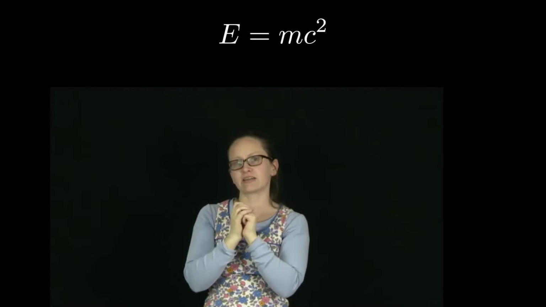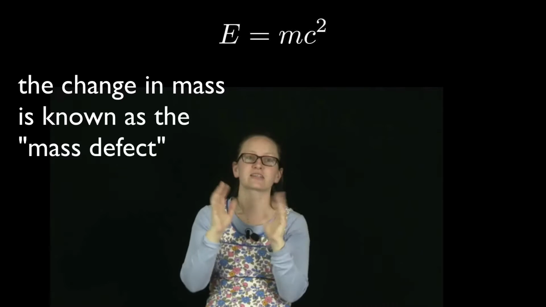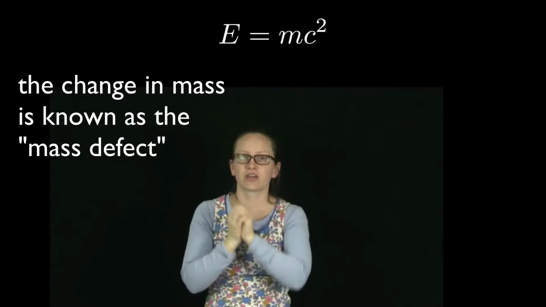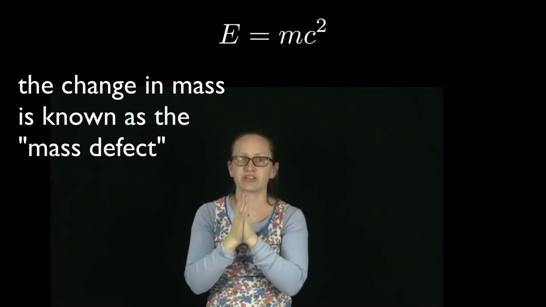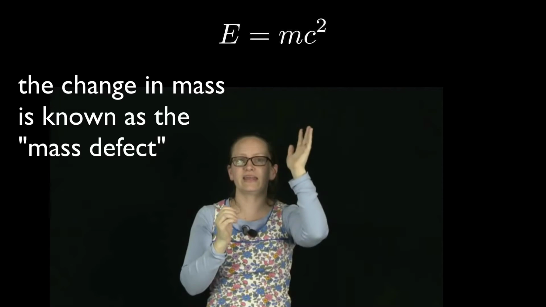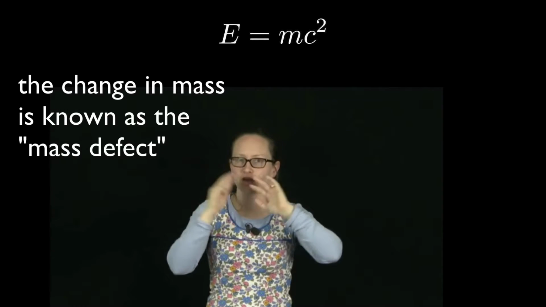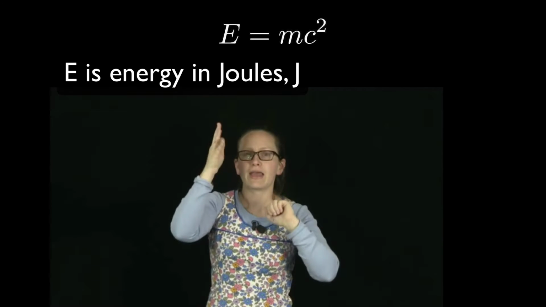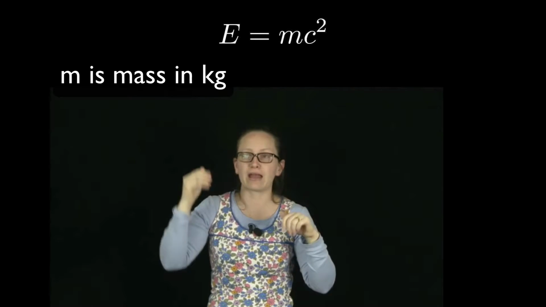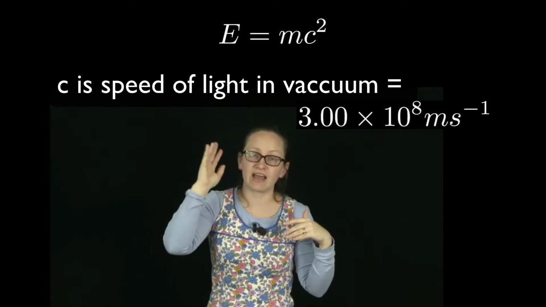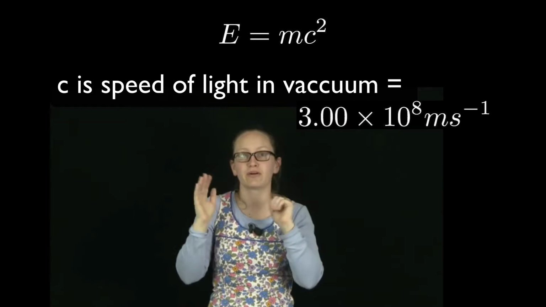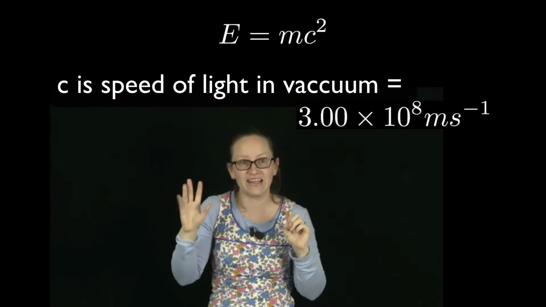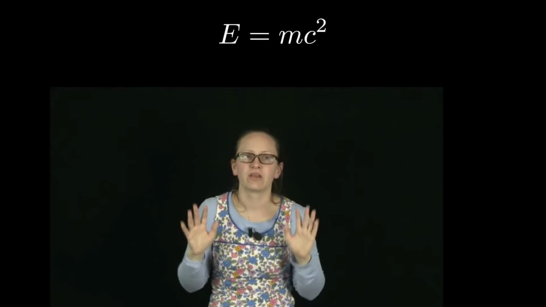And when they release energy, there's actually a change in mass associated with this as well. So that amount of mass change is given by the formula E is equal to mc squared. So in this formula, E is the energy in joules, m is the mass in kilograms, and c is the speed of light in a vacuum, which is equal to 3.00 times 10 to the 8 meters per second.